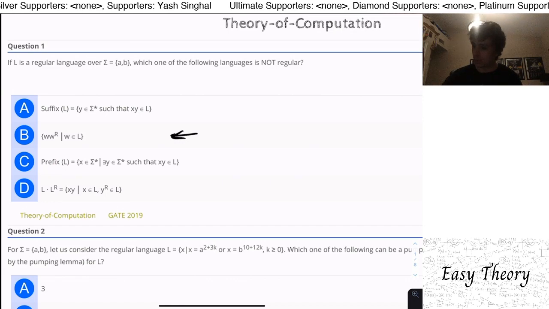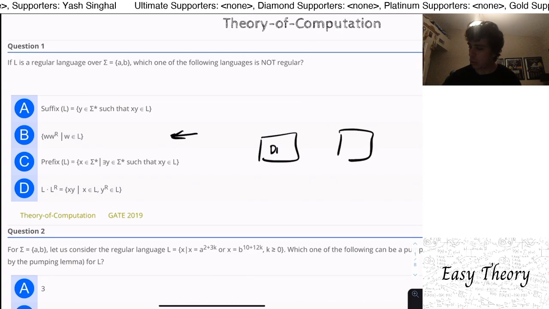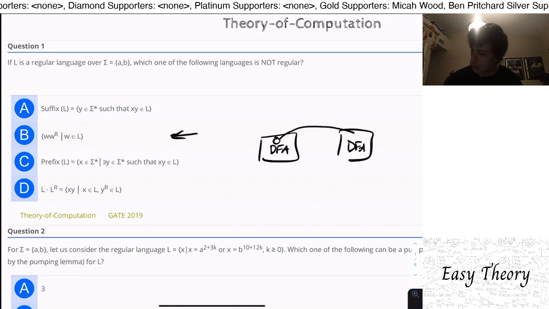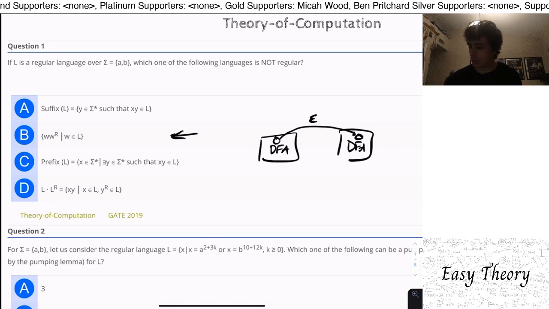Prefix is regular, and suffix is regular for the reason that if you take a DFA for L, you can have an epsilon transition from some state in the first copy to the exact same state in the second copy, which allows you, for suffix, to instantaneously jump into the second machine so that you can read the Y part instead of the X part. So that's essentially the idea.